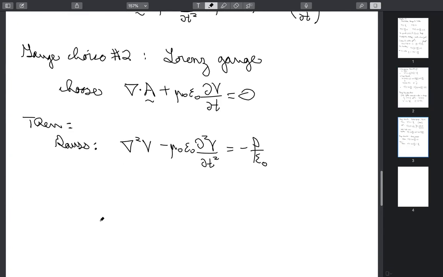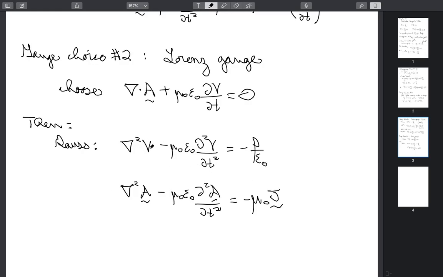So if we rewrite this cleanly, it means that the Laplacian of A component-wise minus mu 0 epsilon 0 d2A dt squared is equal to minus mu 0 j. Now the really cool thing is that these equations are now on the same footing, very, very similar.